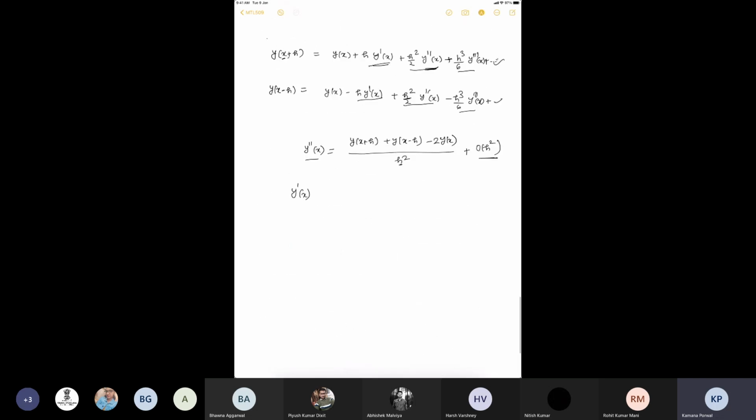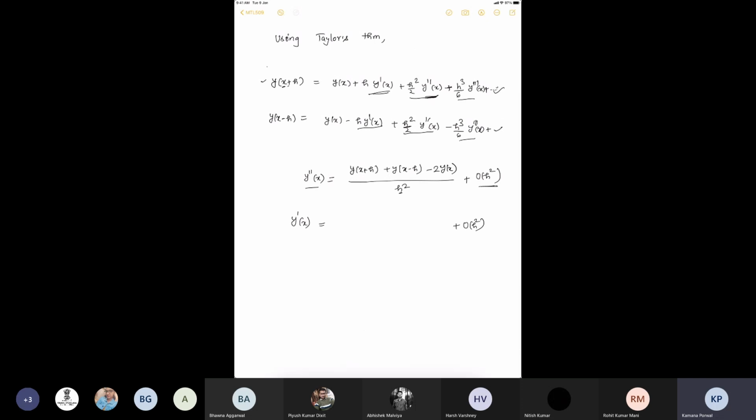That is, for y prime also, I would like to have the approximation so that the remainder term is of order h square. And from these two expressions, you can observe that I want the approximation of y prime. First of all, I cannot add them because adding them is going to cancel out this term. So I'm just going to subtract them.